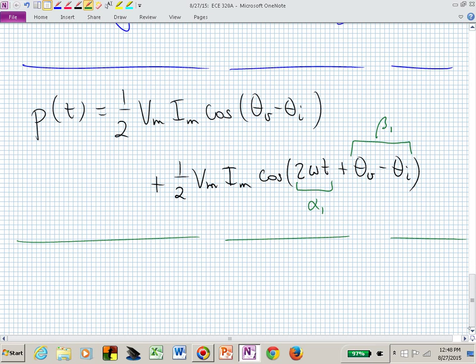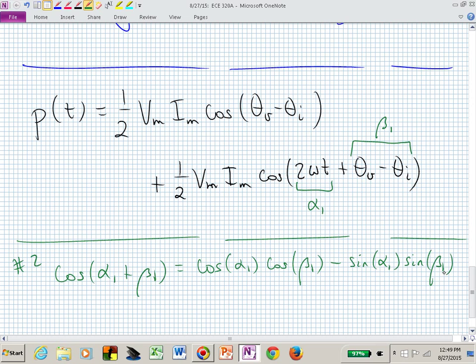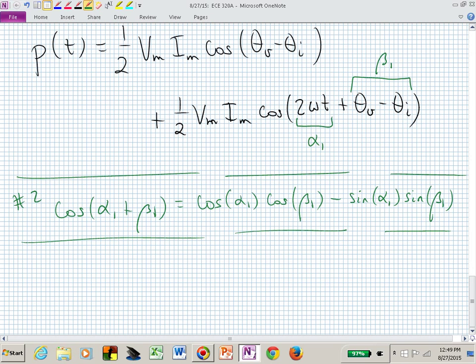Now let's look at trig identity number 2, where we have cosine of alpha 1 plus beta 1, and this now becomes cosine alpha 1 cosine beta 1 minus sine alpha 1 sine beta 1. And that now allows us to break that second term in the black formula into two parts.